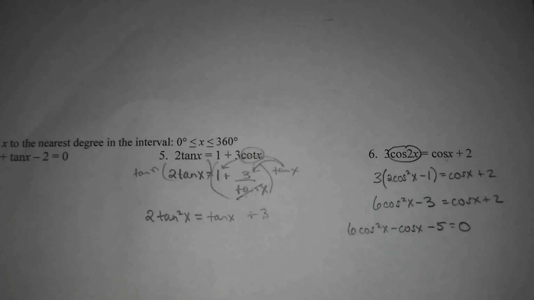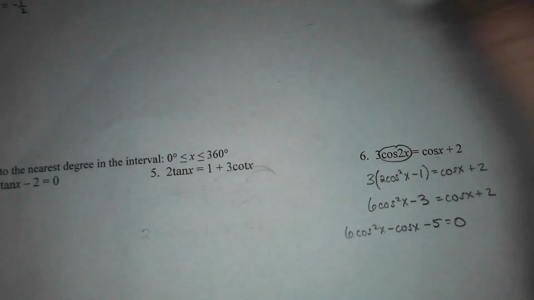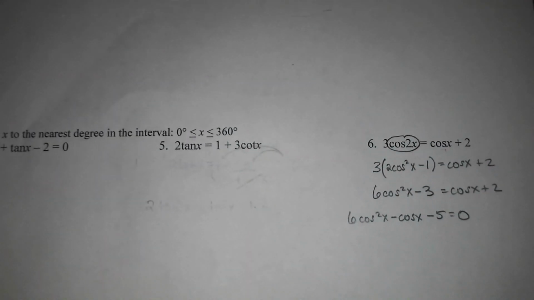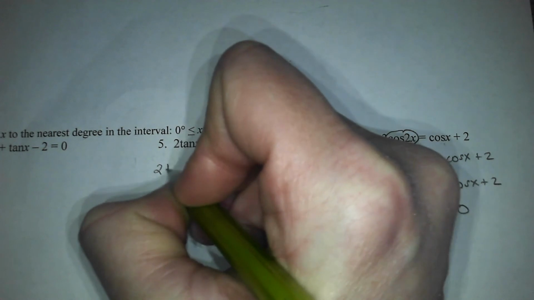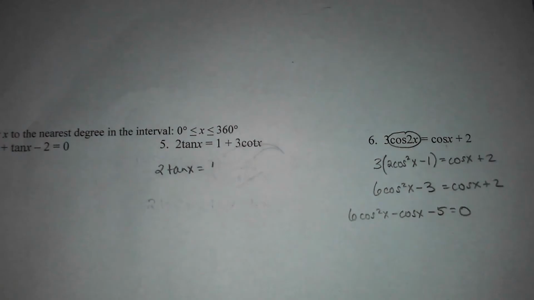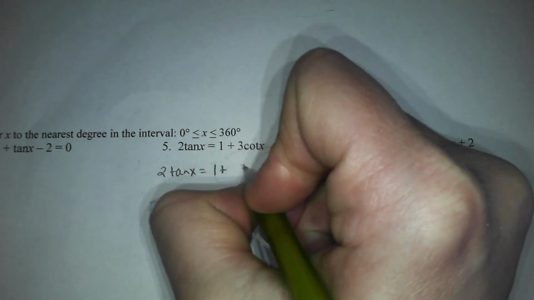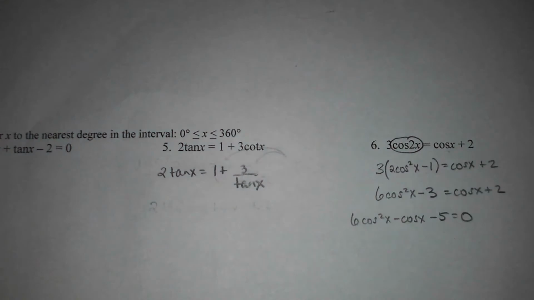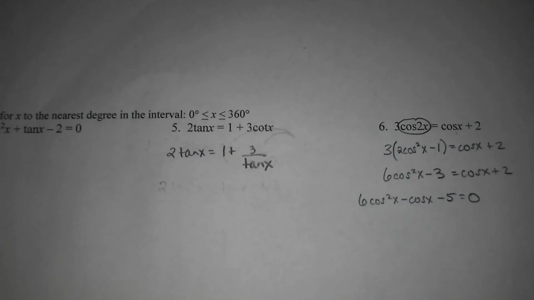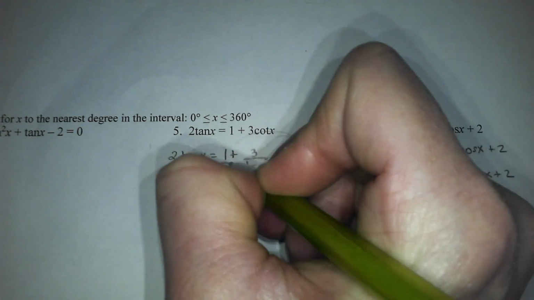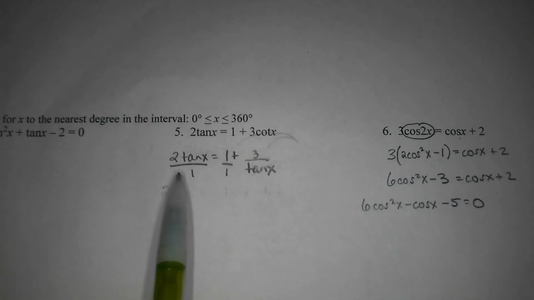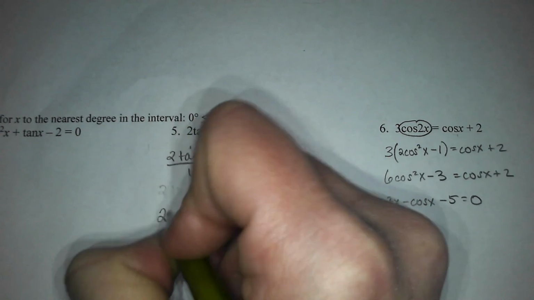And then it's a quadratic like everything else. Here's another option I will give you if you feel like we never did this. We did. I might have just taught it differently the first time. If I make it 3 over tangent, just like rational functions in algebra 2, you get a common denominator all the way across: put this over 1, put this over 1, give this a tangent and a tangent, it would be 2 tan squared.